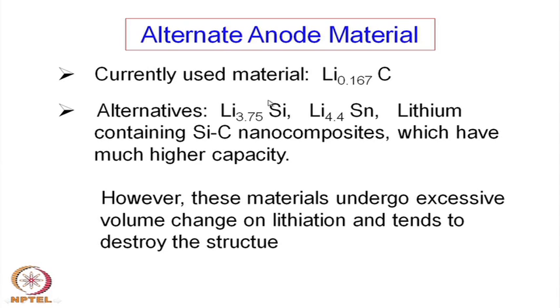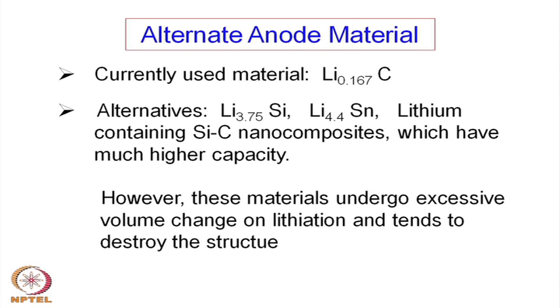Alternative materials are in the same group, the group 4 elements, okay, as carbon. So, these are either silicon or tin, lithium containing silicon carbon nanocomposites, which have also much higher capacity, that I will see. So, it is the same group element as carbon.